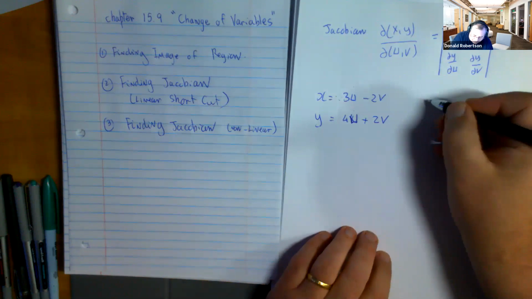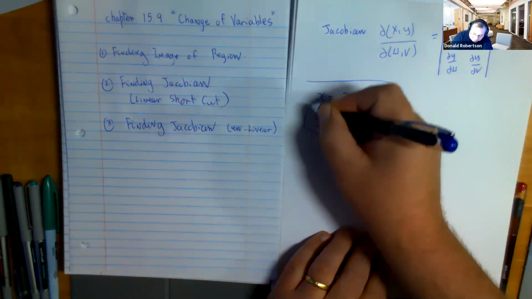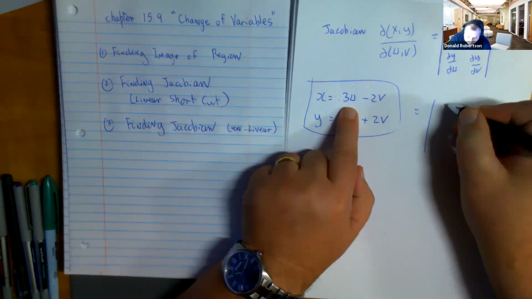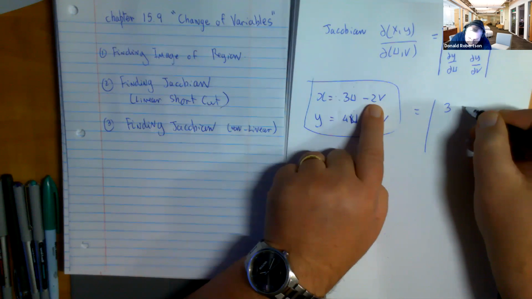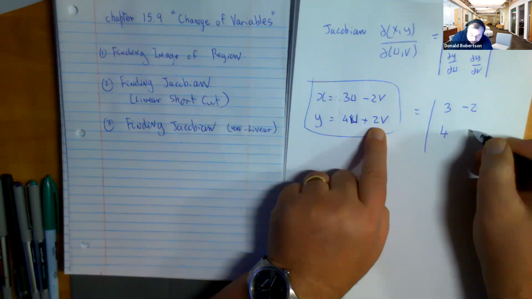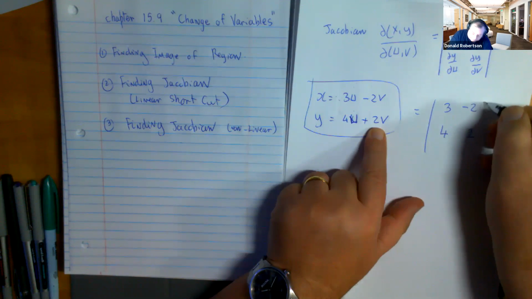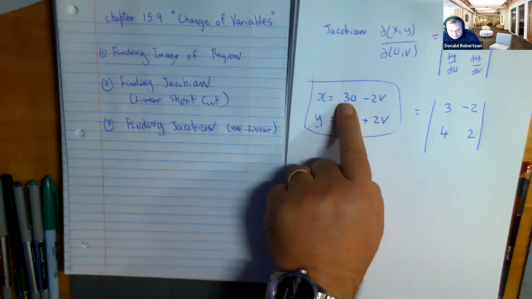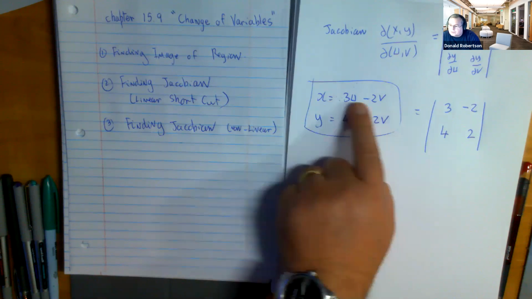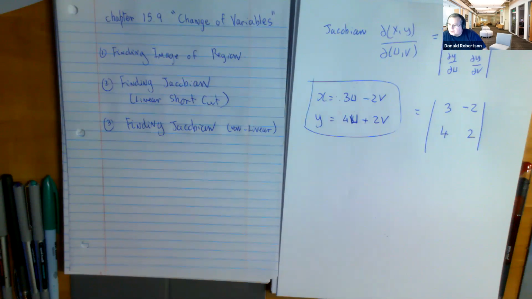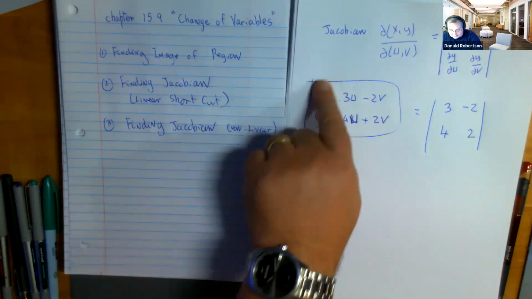Now, in this question, put a little bubble around that guy. Differentiate that with respect to u, differentiate this guy with respect to v, differentiate this guy with respect to u, and differentiate with respect to v. Do you see if the things are linear? And what I mean by linear is there's no u squareds, no x squareds, right? It's all u's and v's and x and y's. Everything's single powers. That's what I mean by linear.